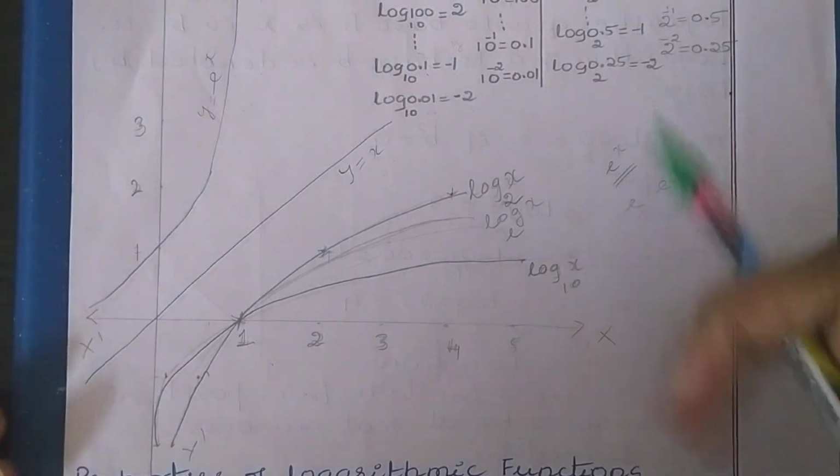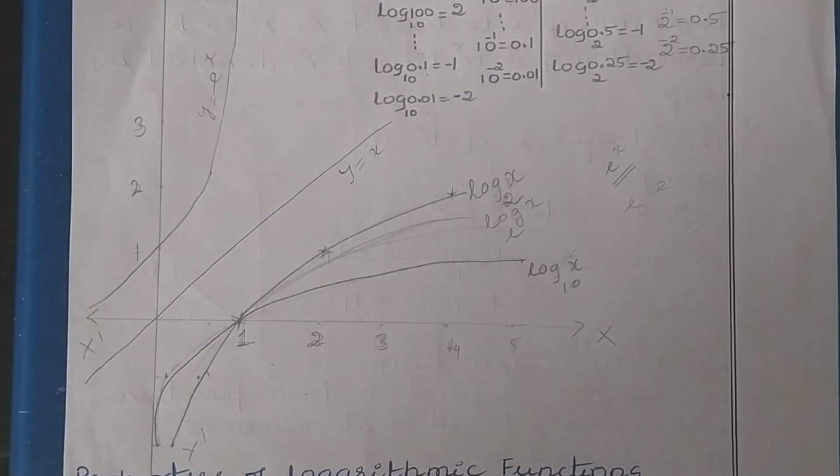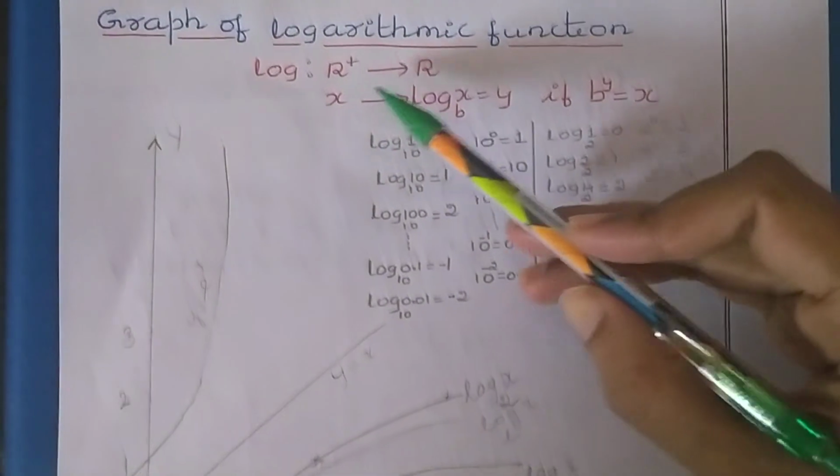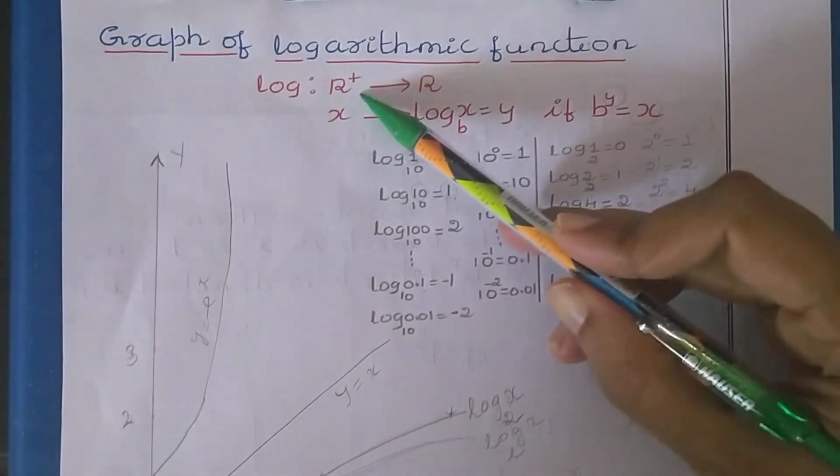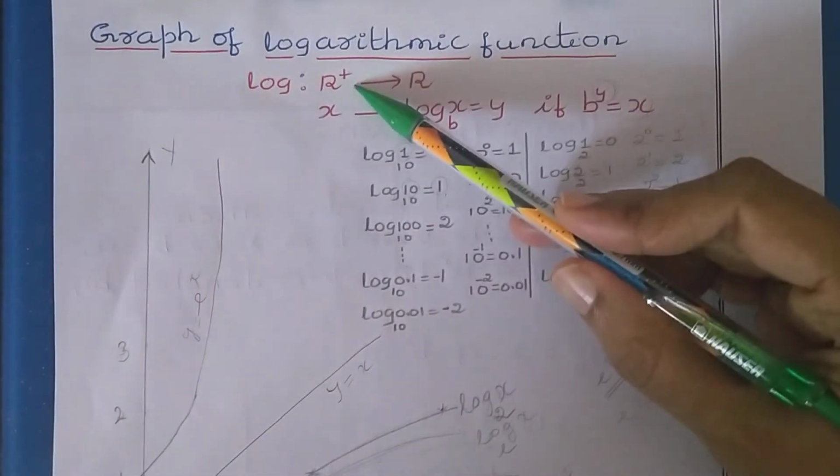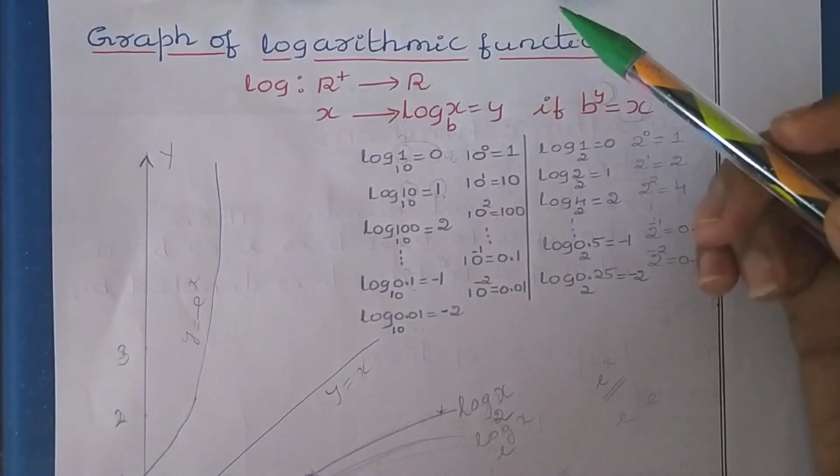Now let us see, based on this, some of the properties of the logarithmic function. The first one is regarding the domain. The domain of the logarithmic function is always a positive real number. You can't take negative values here.